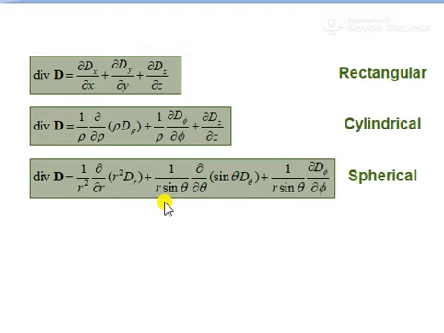For spherical it is (1/r²) ∂(r² Dr)/∂r + (1/(r sin theta)) ∂(sin theta Dtheta)/∂theta + (1/(r sin theta)) ∂Dphi/∂phi. So these are the three equations of divergence in the coordinate systems.